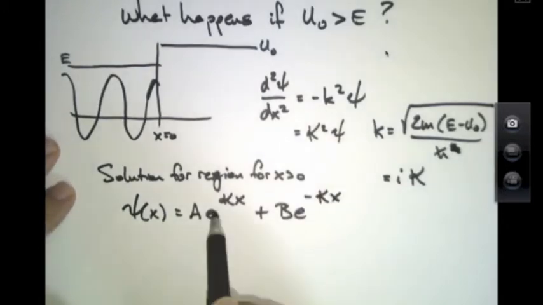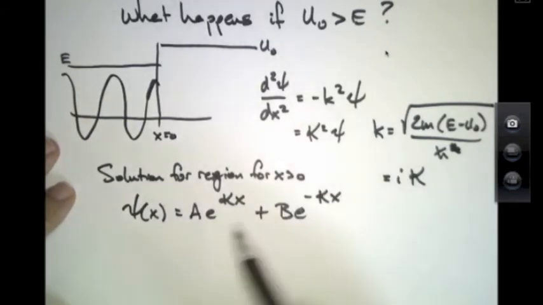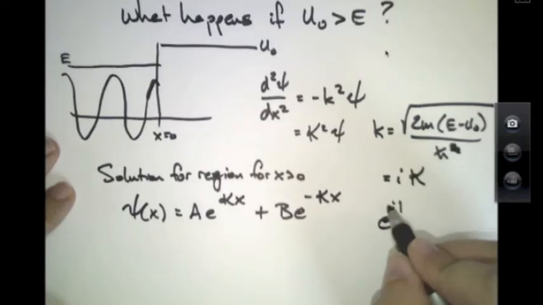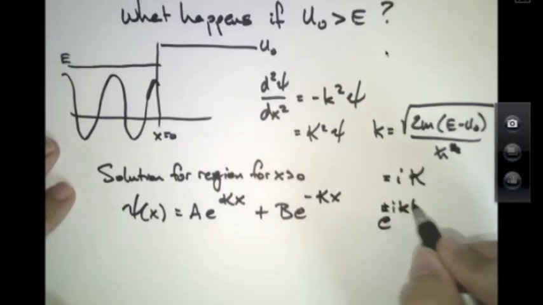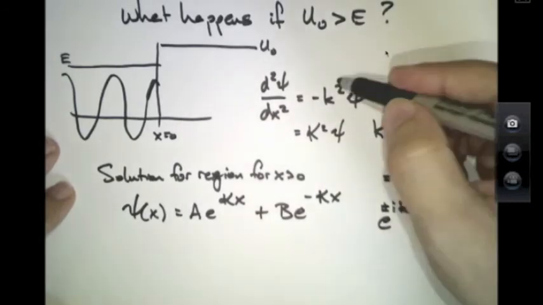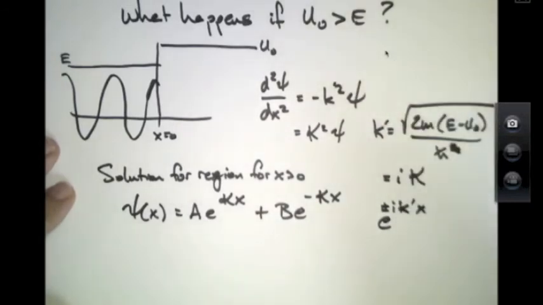Not sinusoids anymore because there's no i in here. Because the solution should have been e to the plus or minus i k prime x. But remember, in this case, k prime is i times kappa. And since there's now two factors of i, this just becomes straight exponentials.